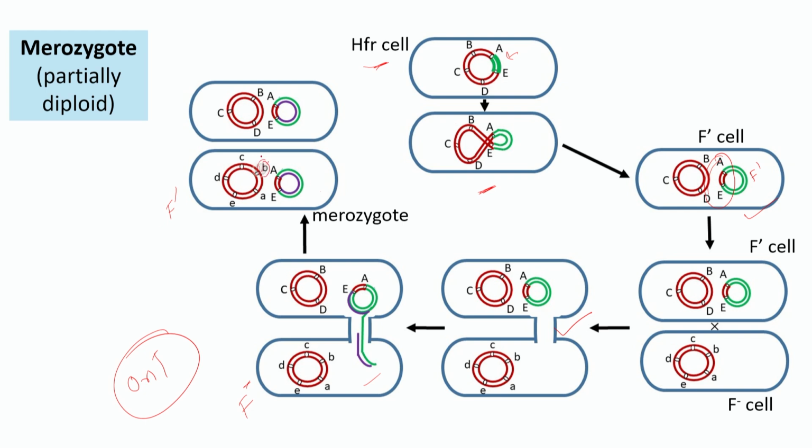So you can see the plasmid has capital A and the genome has small a. The plasmid has capital E, and the genome has small e. So for A and E, this bacterium now becomes a partial diploid. Remember this word merozygote, and also why they are called partial diploids.